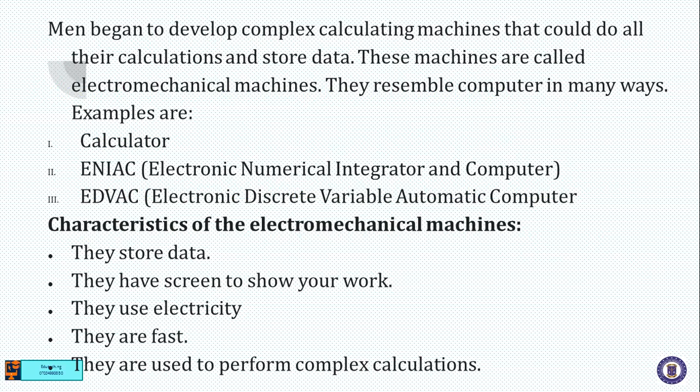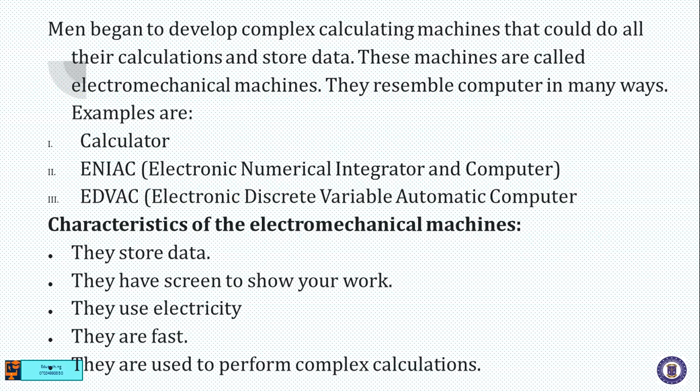Now, it goes on like that. When they began to think further on how to develop other machines for calculation, they came about developing some complex machines that were used for calculation and doing some counting.